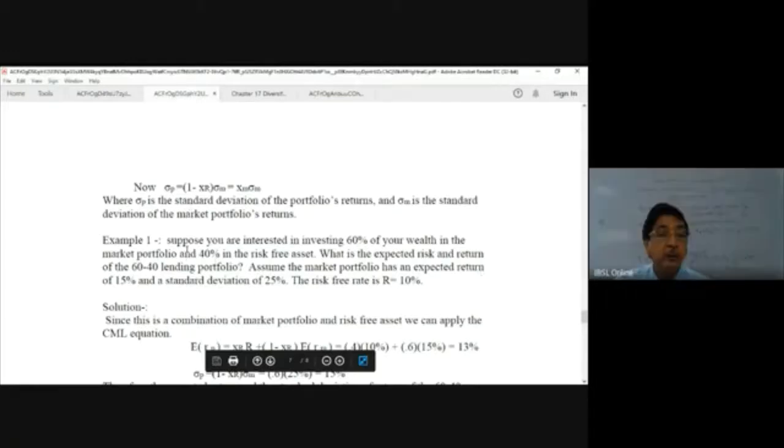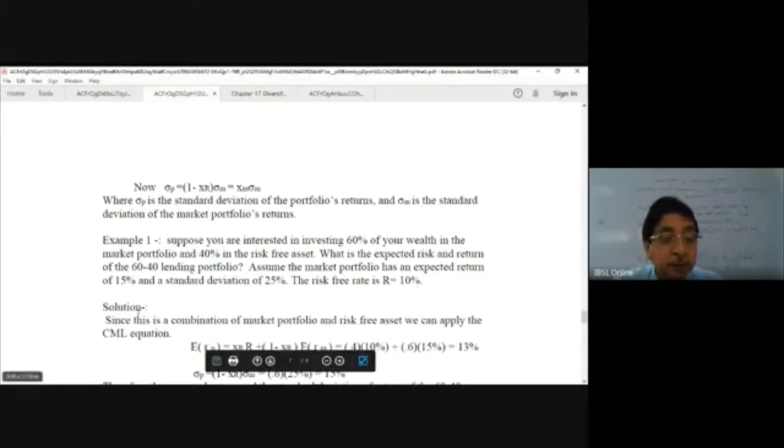Right. As per this example, what is the expected risk and return of the 60-40 lending portfolio? Assume the market portfolio has an expected return of 15% and a standard deviation of 25%. The risk-free rate is 10%.